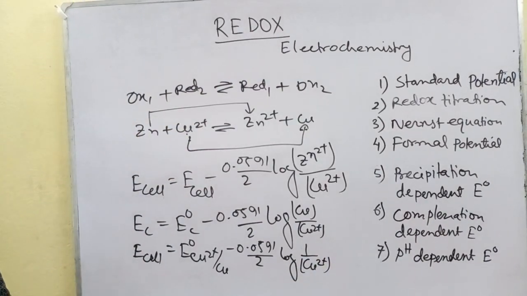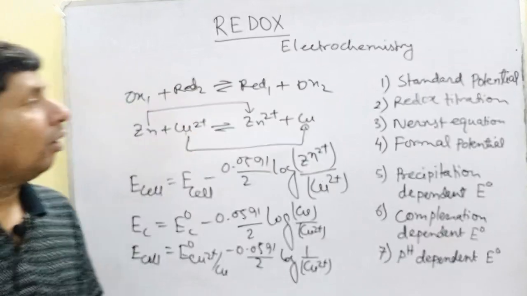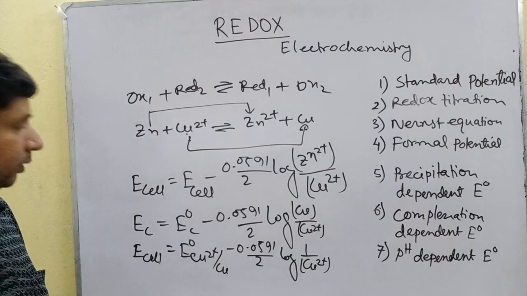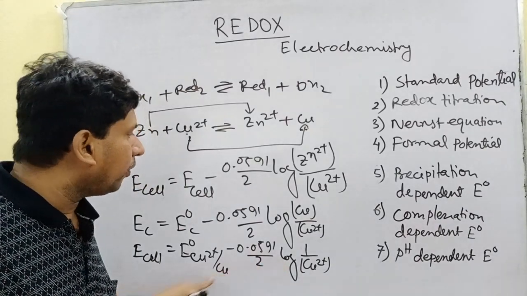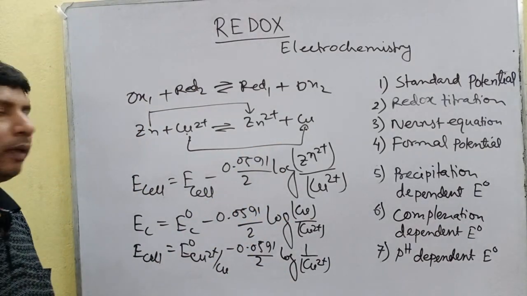Okay. This is the Nernst equation for the half cell reaction, or this is only for the reduction half cell reaction.